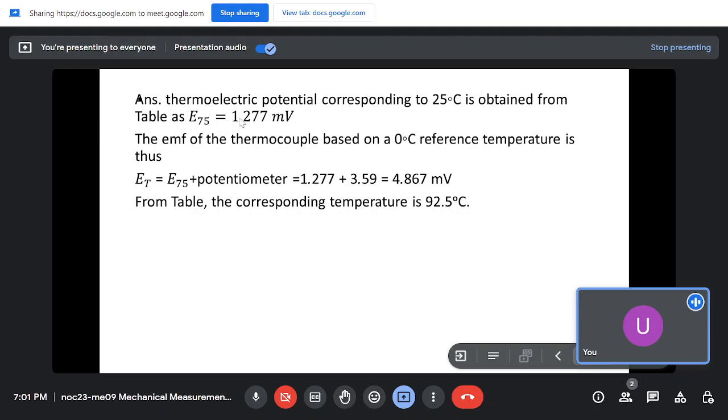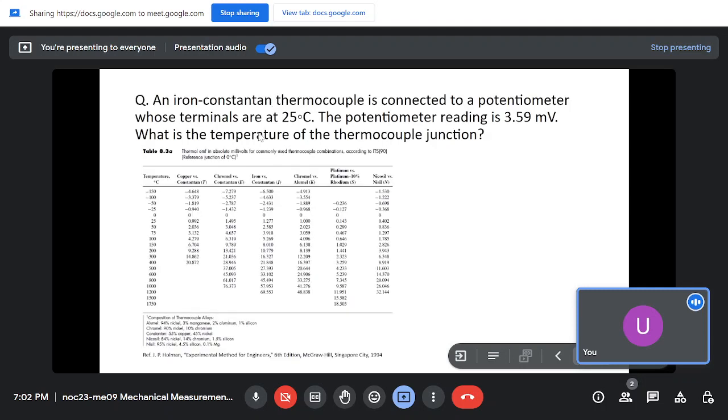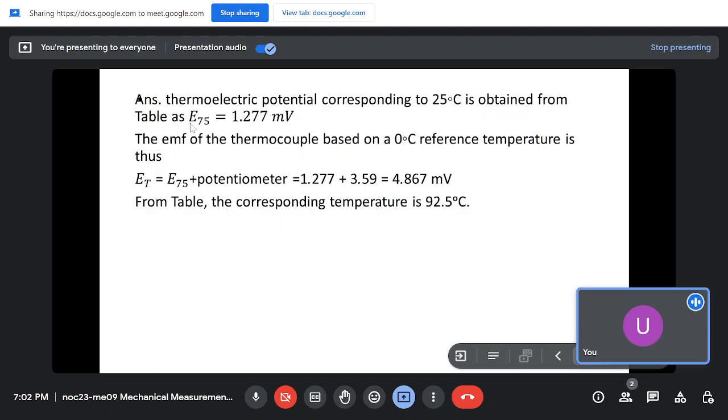EMF at 25 degrees Celsius is obtained from the table; for iron constantan at 25 it is 1.277 millivolts. So we substitute that, and we know that the EMF at the junction temperature is the EMF at the potentiometer terminal temperature plus the potentiometer reading.